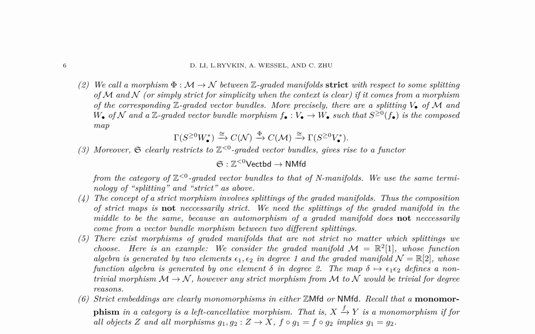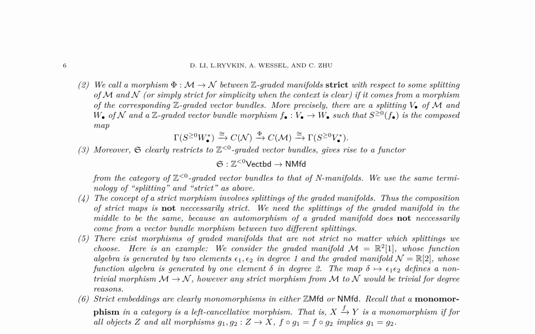Specifically, a morphism φ: M → N between Z-graded manifolds is called strict with respect to some splitting of M and N if there exists a splitting V of M and W of N, and a Z-graded vector bundle morphism f: V → W, such that the composed map is satisfied.